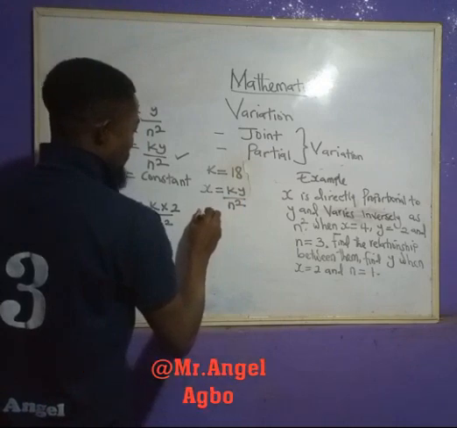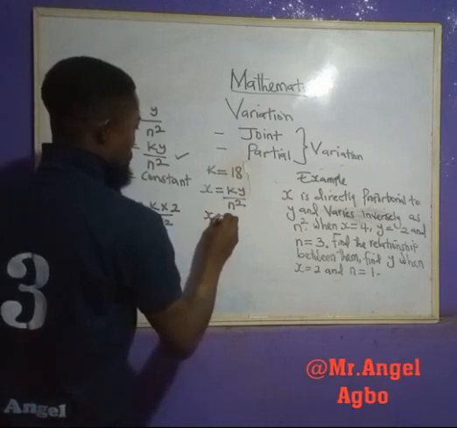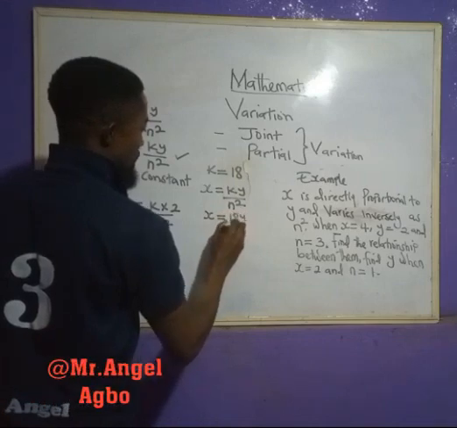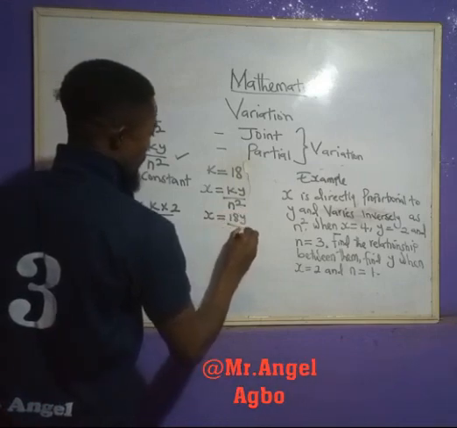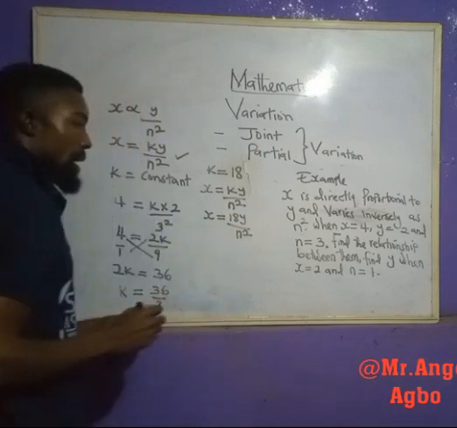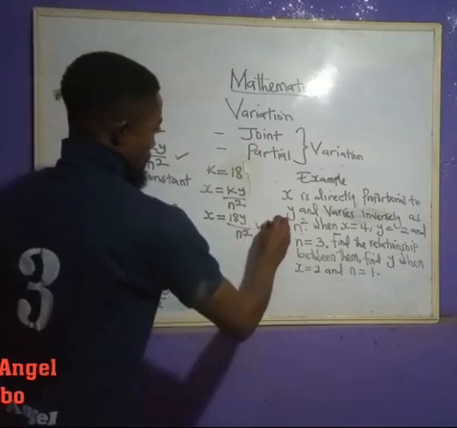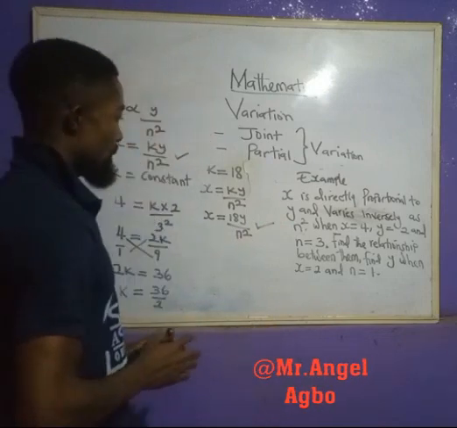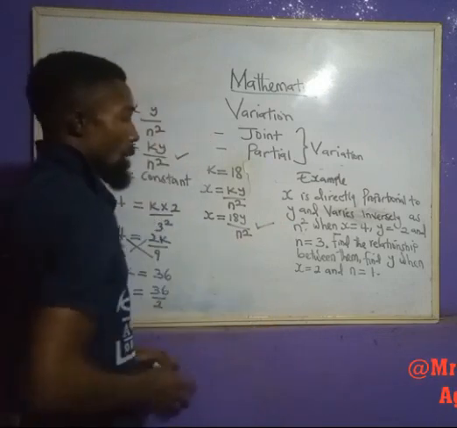Then we have x equals 18y divided by n squared. So this is the relationship between them, or find them in terms of x and y.